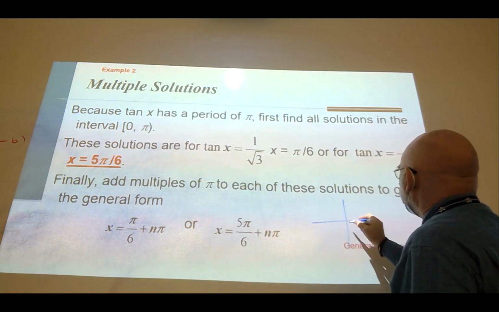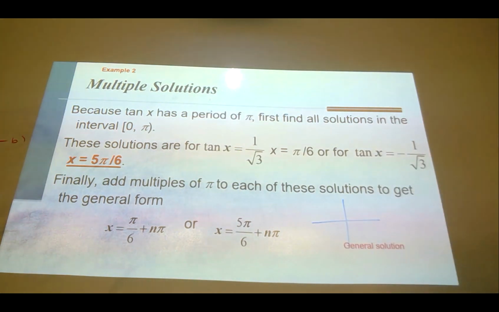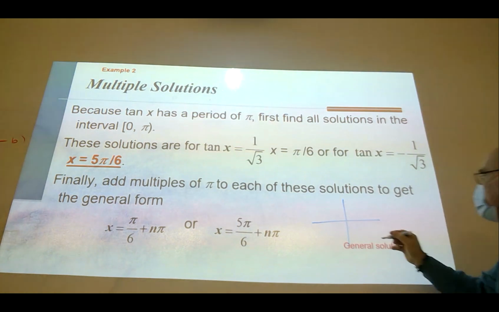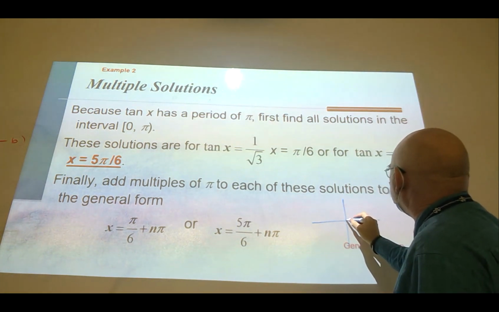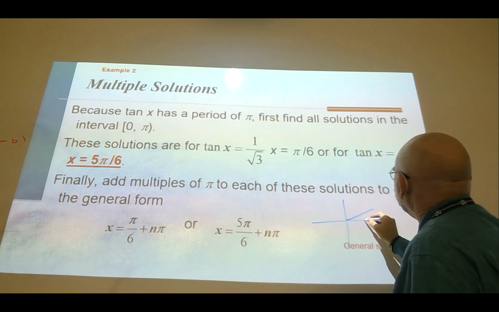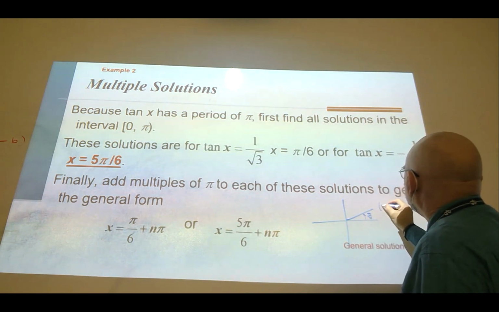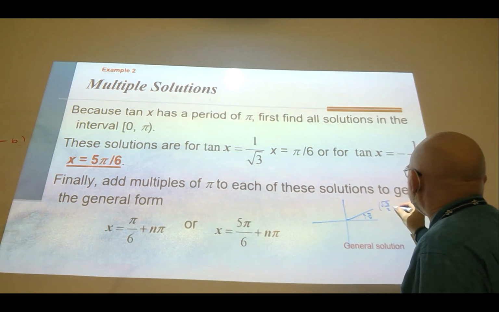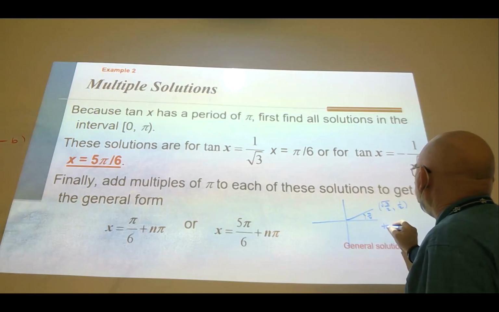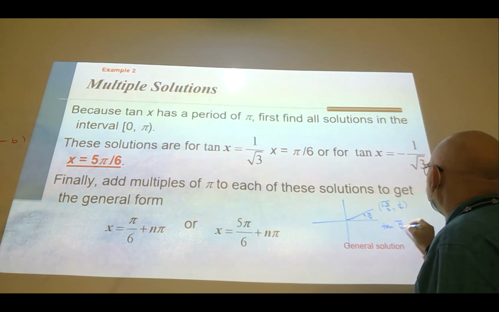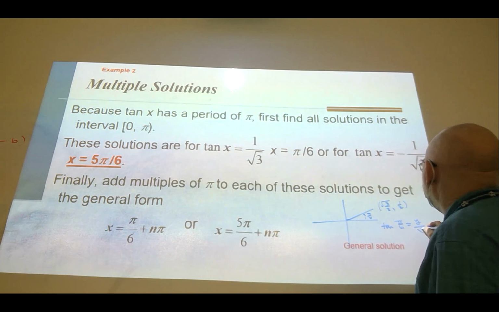So what I would suggest is taking a unit circle and writing down all the tangents and cotangents of each of these angles too. Here at pi over 6 on my unit circle, I'm at square root of 3 over 2 and 1/2. So tangent of pi over 6 is equal to y divided by x.